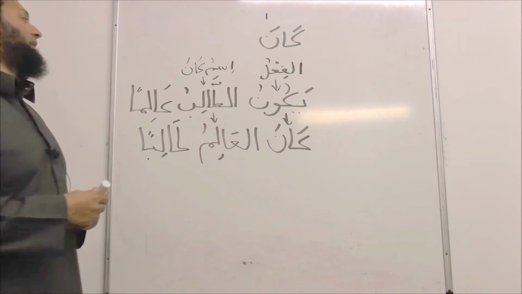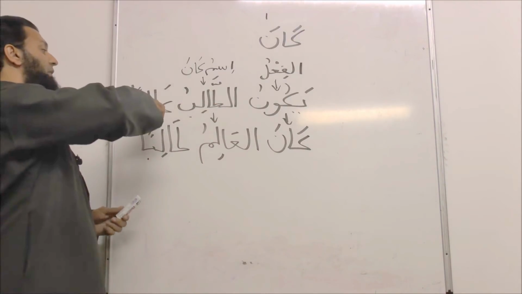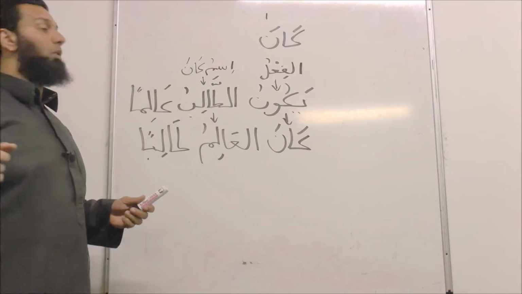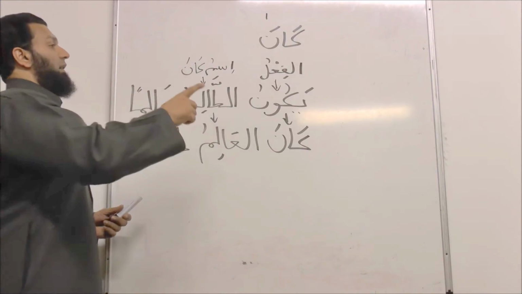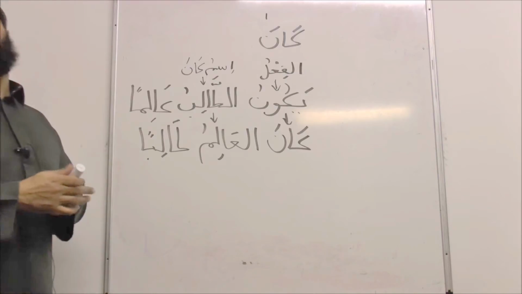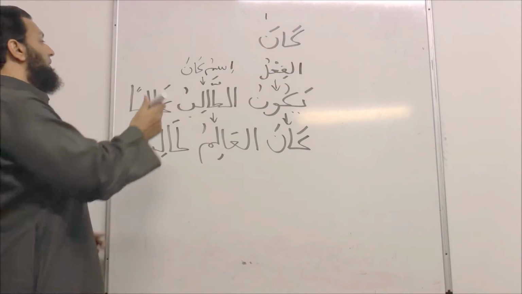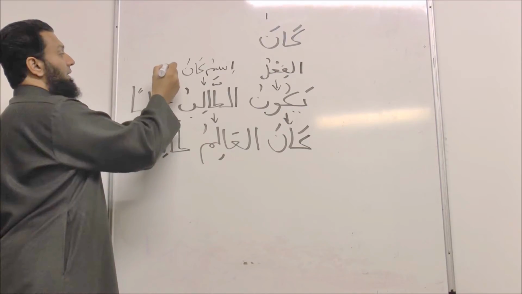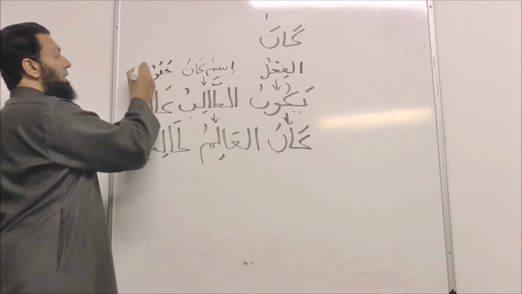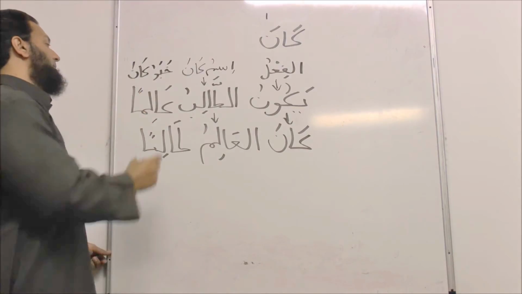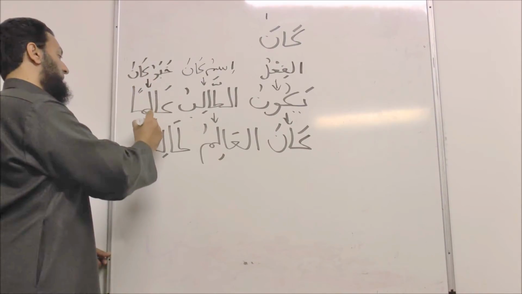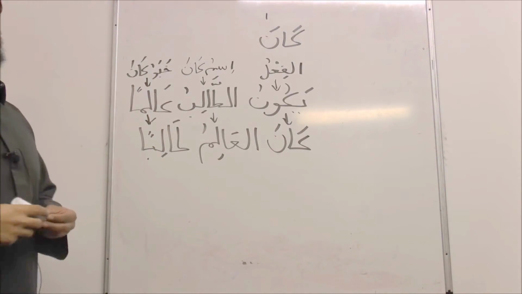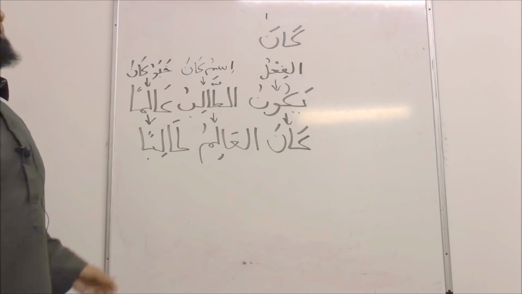Then we said that the second noun, which is always a mansubun in a jumlatul fi'liya that begins with Kaana, is called khabaru Kaana. Okay?